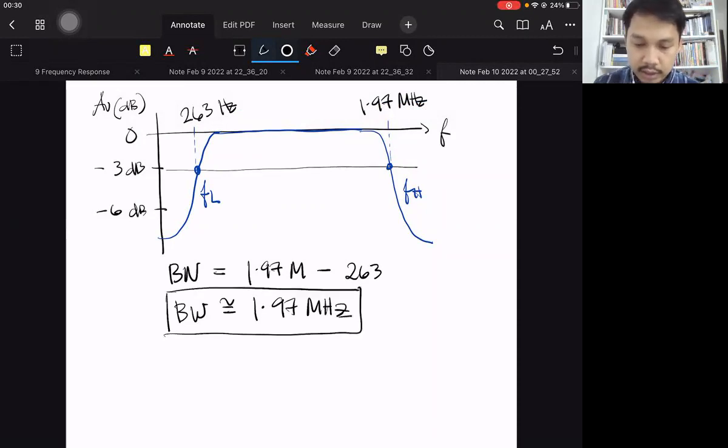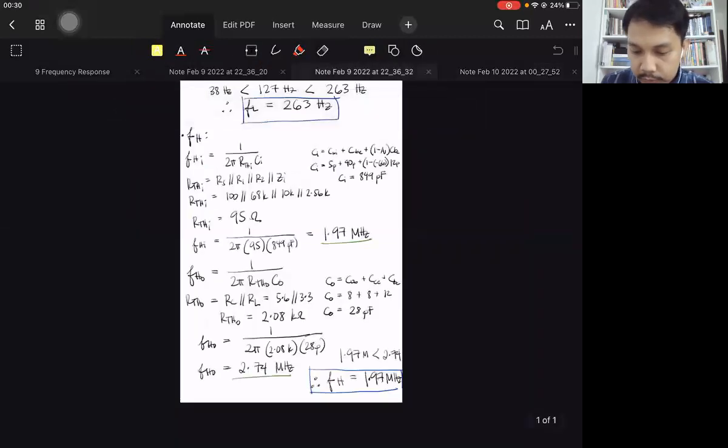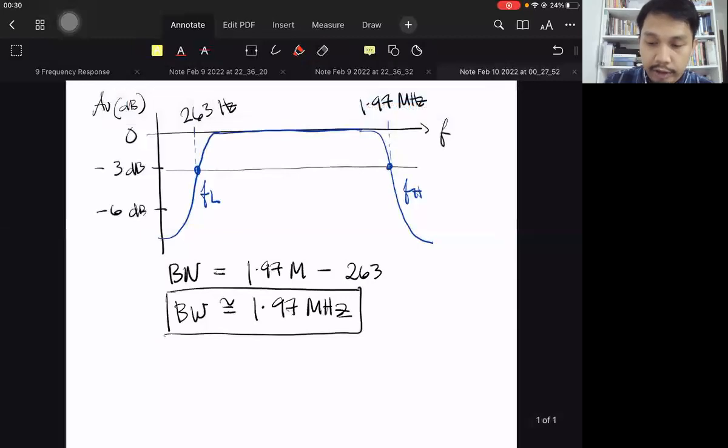And that's it. That's how to sketch the Bode plot of the frequency response of a BJT amplifier and to calculate the lower cutoff frequency and the higher cutoff frequency. Obviously it is almost the same process we take to solve for and determine the frequency response of a FET amplifier circuit.